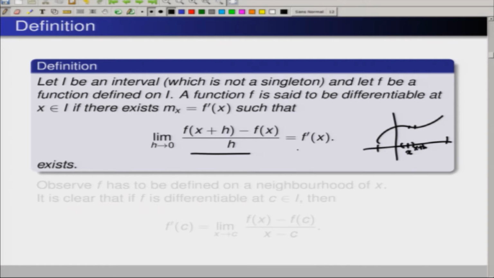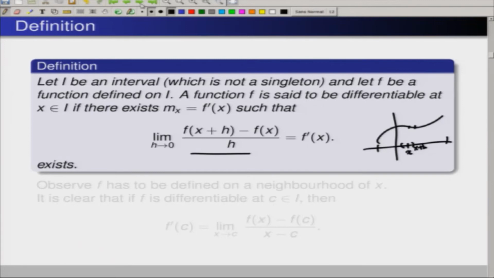So, if this limit exists, that is what we say is locally linear, right. So, now we say that if this Newtonian quotient has a limit as h goes to 0, and that is equal to some number which depends on the point you are choosing, then we say that f is differentiable at the point x.